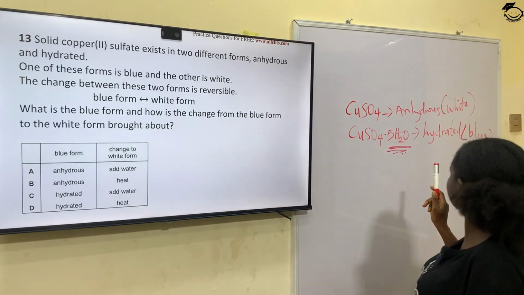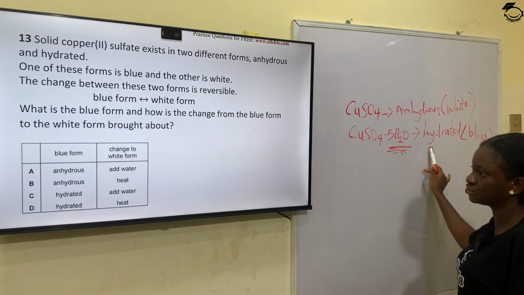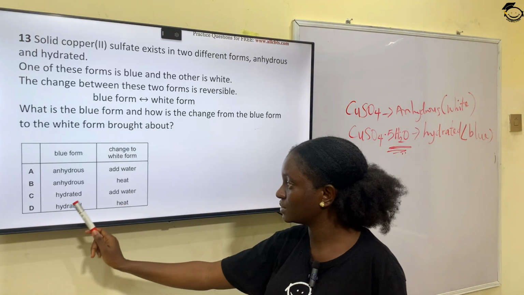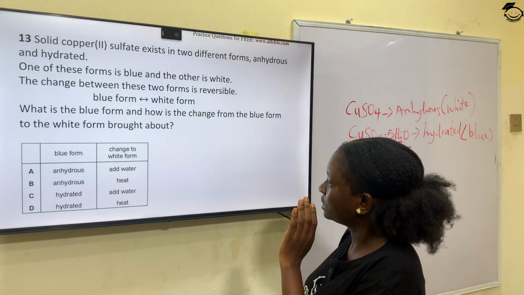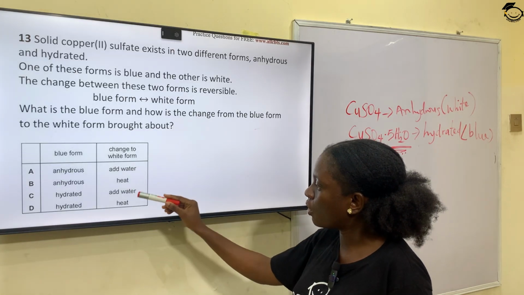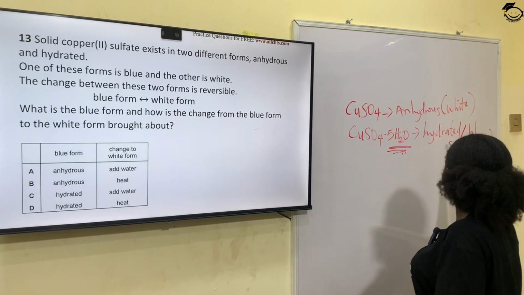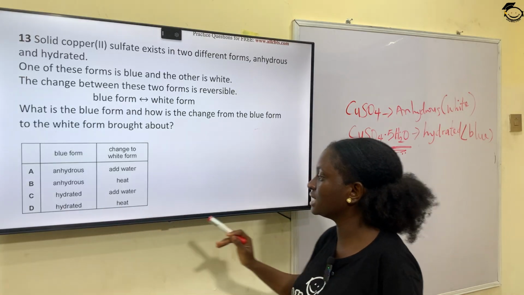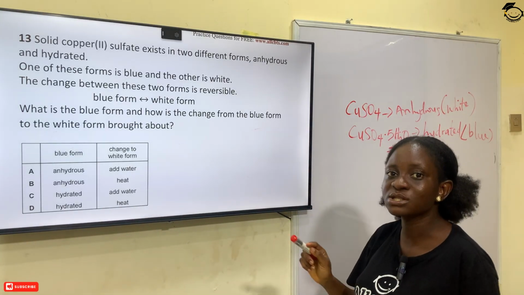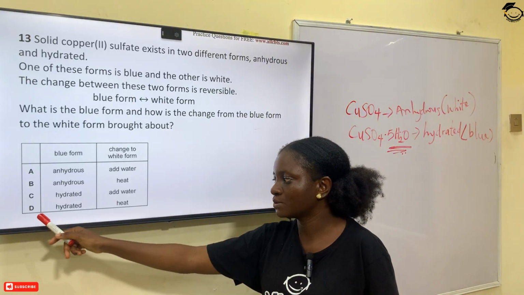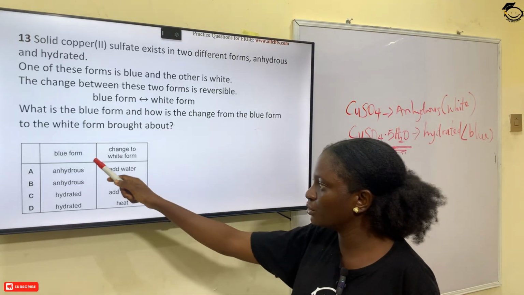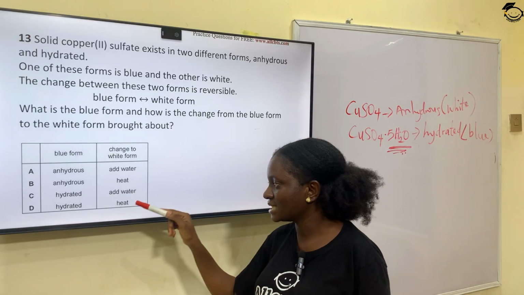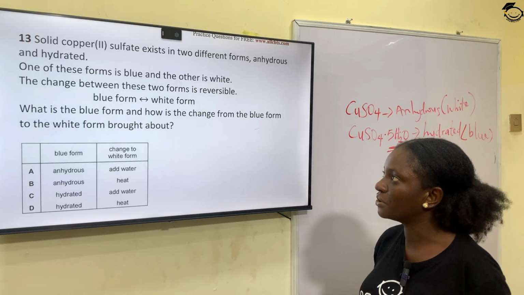The one we said is blue form is hydrated. So we are left with options C and D, which are hydrated. The change is the addition of water or heat. For hydrated to change to anhydrous, we need to apply heat to lose its water of crystallization. That makes option D the correct answer. Blue form hydrated changes to white form by adding heat.